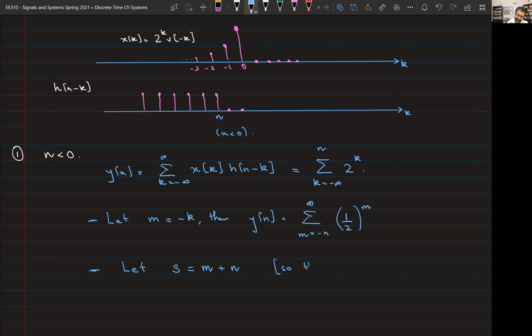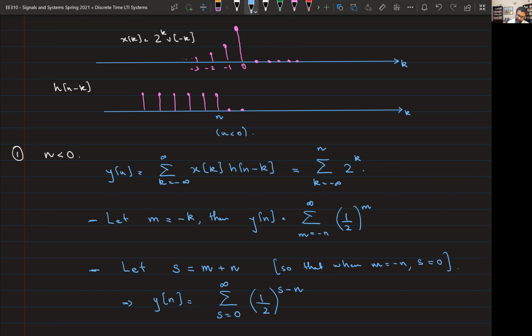When m equals minus n, s goes to 0, and that would make my life a lot easier. I'm just plugging in the formulas and relationships that I'm familiar with. So using this substitution, y of n is a summation where s goes from 0 to infinity, and this is half raised to power m, which is s minus n.